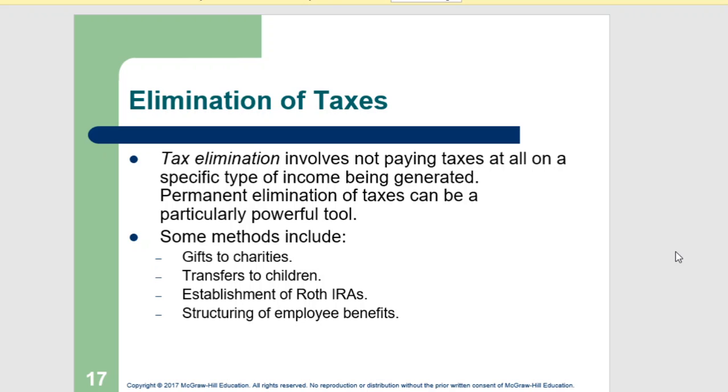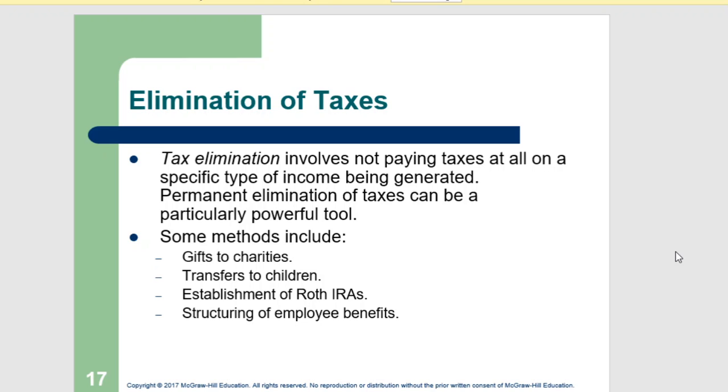Tax elimination. This is just getting rid of tax entirely. An example here is the establishment of a Roth IRA. A Roth IRA is a specific retirement vehicle where you contribute after-tax dollars.